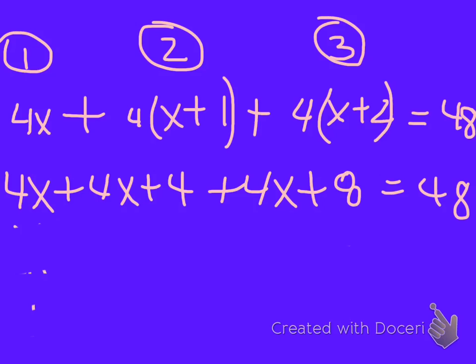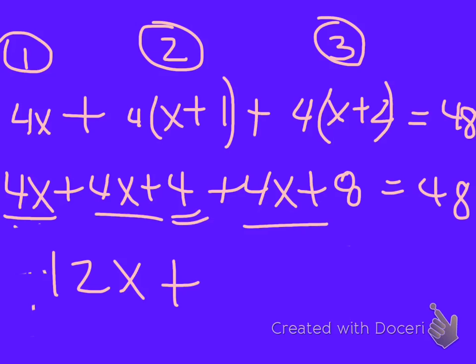All right. And then I have a 4x and a 4x and a 4x for a total of how much? 12x. Whoa. I must have touched it. 12x plus, now we have a 4 and an 8, 12, equals 48. Okay.